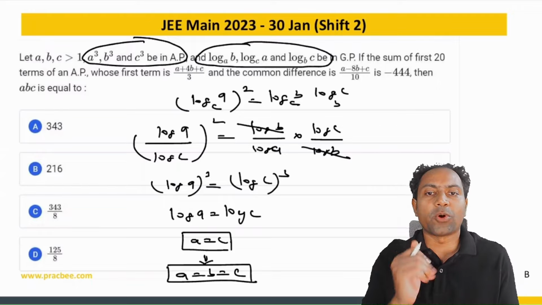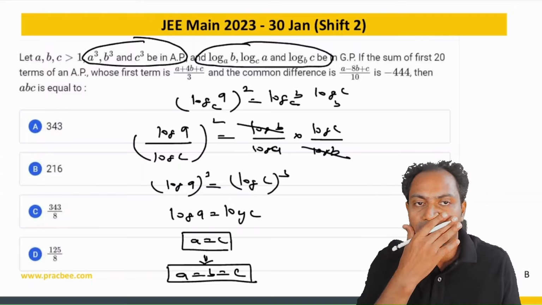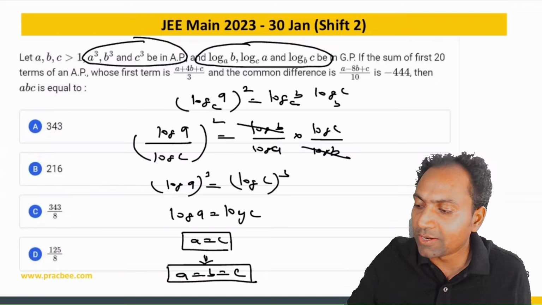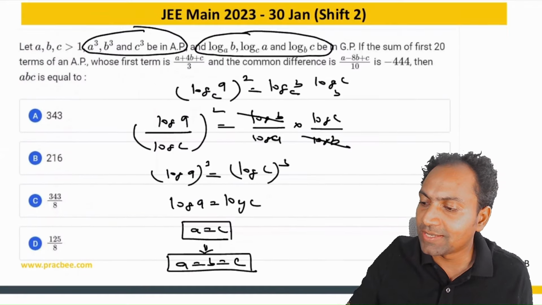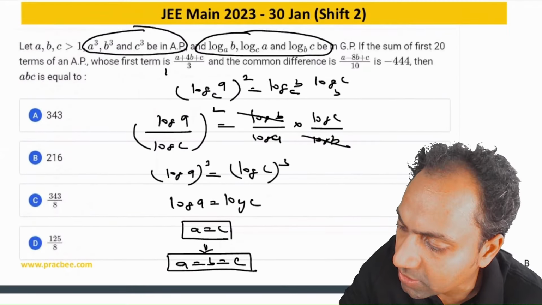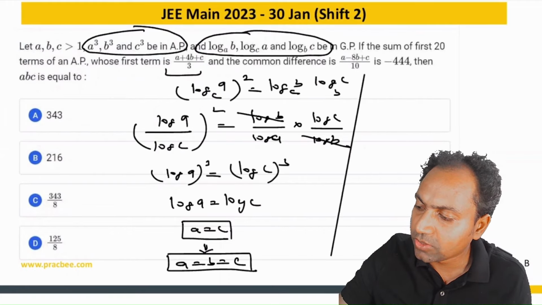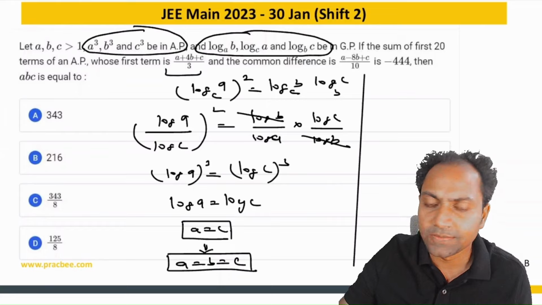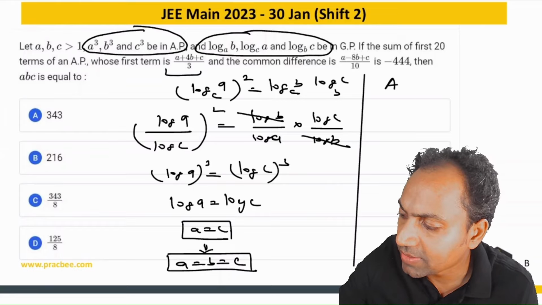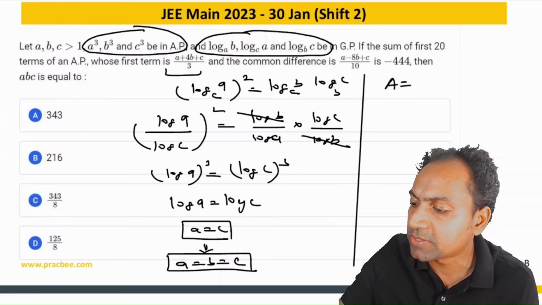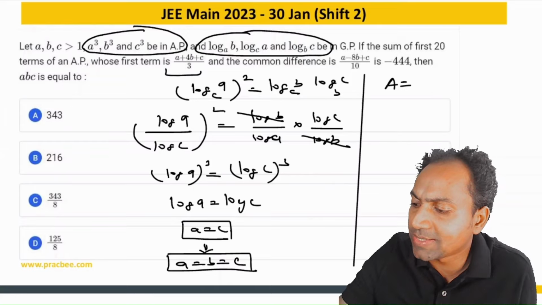Now, once we have gone from there to here, they're talking about another series. In this series, what they're saying is the first term is equal to this. So let us also write that another series they're talking about. The capital A is nothing but A plus, and I'm taking all as A, B and C also.